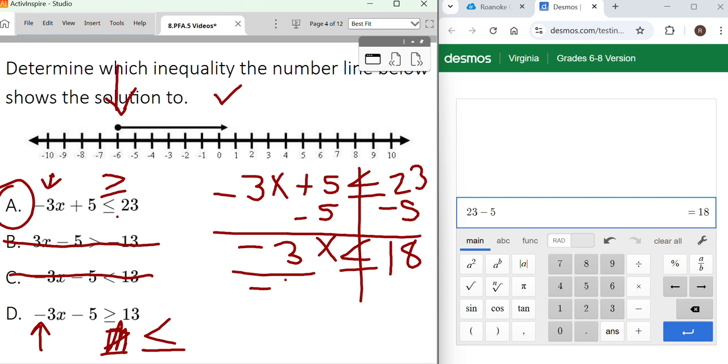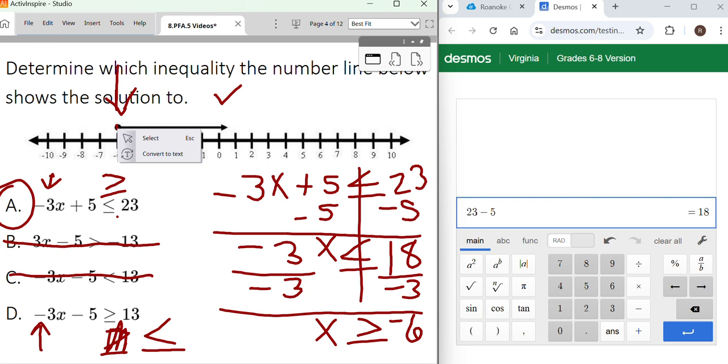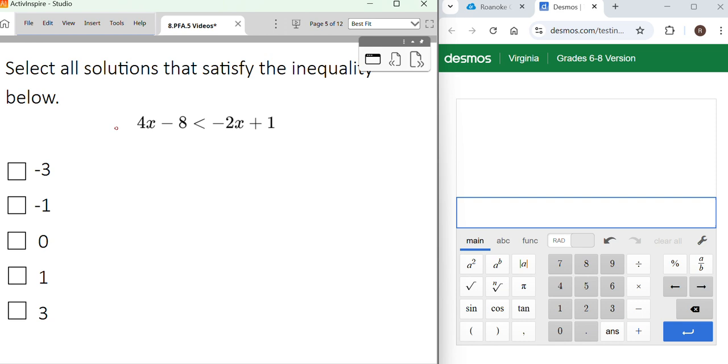And then we're going to isolate that variable by dividing by negative 3. Of course, when you divide by a negative, your inequality symbol is going to flip, brings down an x, and you get a negative 6. Well, if you'll notice, the closed circle is at negative 6, and the arrow does come to the right. So we are correct. A is our answer.